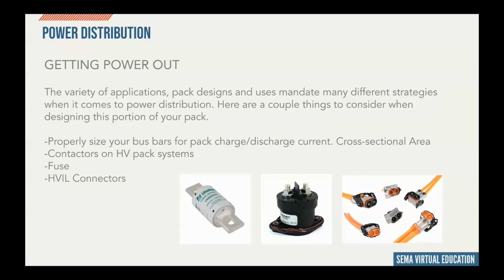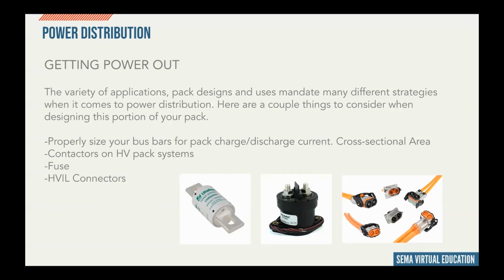But here are some basic things to consider. Besides all of your cell-to-cell connections between your parallel and series strings inside the battery pack, all of the current will be collected into a bus bar and connected to something that provides a way for the current to get out of the pack.